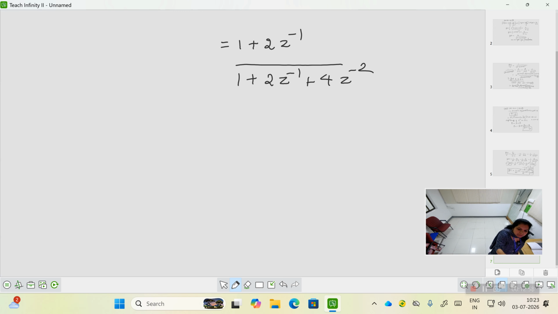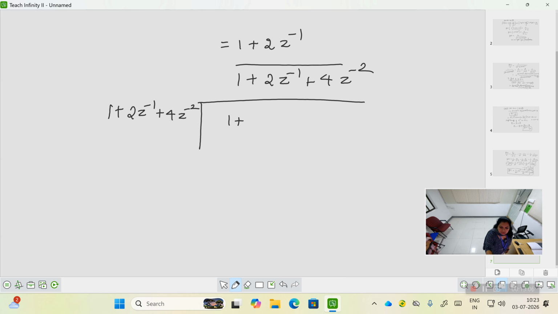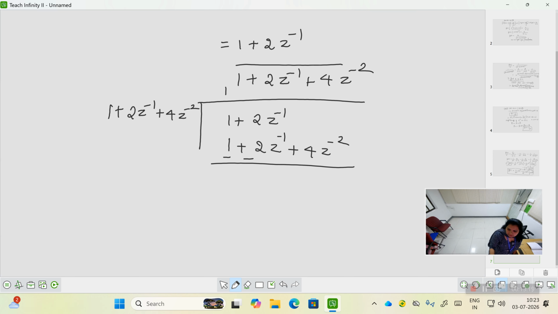Now we have to do this by long division method. So which term will be outside here? 1 plus 2 z power minus 1, z power minus 2 will be inside. So we have to eliminate the first term. So multiply by 1. So you will get the first term. And you have to change the sign.